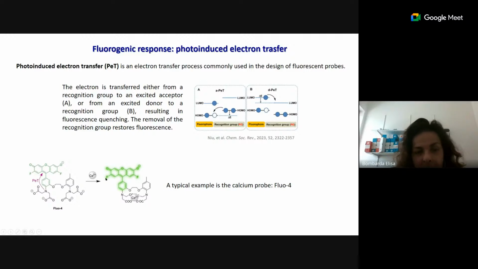But when the recognition group coordinates the calcium, due to the interaction with the calcium, the electron cannot be transferred anymore. And so this mechanism is blocked, and the fluorophore shows its fluorescence. And so that's the way in which we detect there is calcium there.